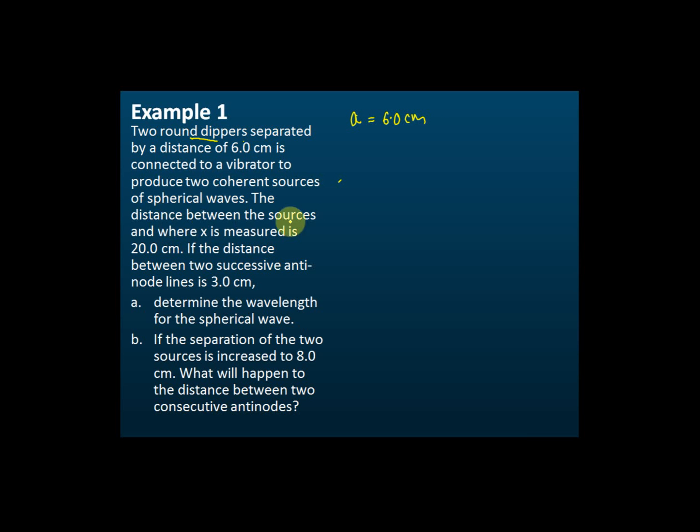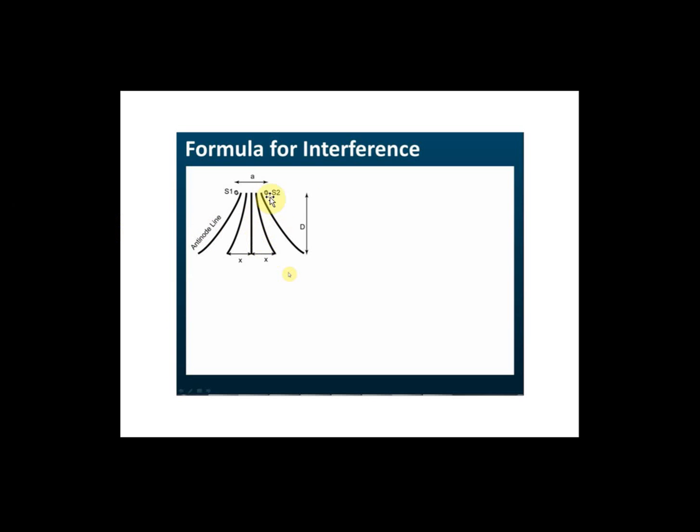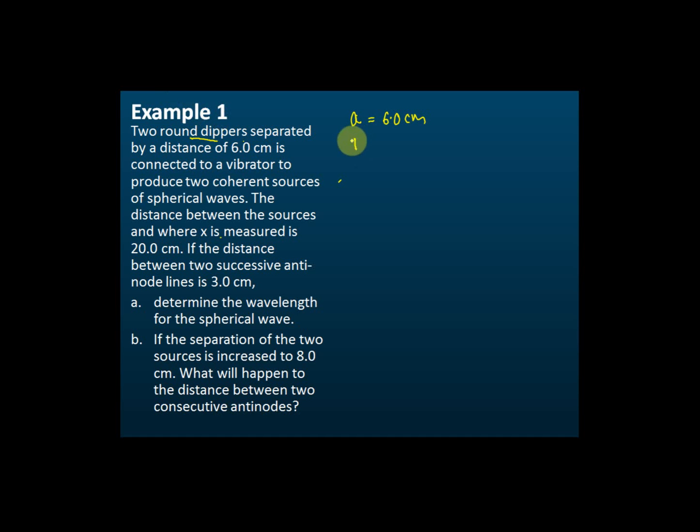The distance between the sources and where x is measured is 20.0 cm, which is D, so D is equal to 20.0 cm. The distance between two successive antinodal lines is given by the symbol x, so x is equal to 3.0 cm.